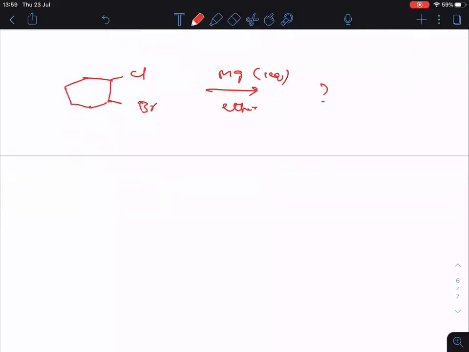We might have done the question, but anyway, let me solve this question now. What happened here? First of all, this part will be as it is. Then here we will get the MgBr. Why? Because the carbon-bromine bond is weak, so magnesium will be inserted between carbon and bromine. Now this carbon will get the negative charge. Then Cl minus will depart out.